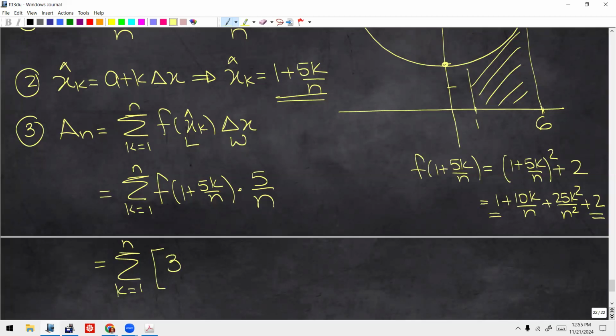So I'll get 3 plus 10k over n plus 25k squared over n squared times 5 over n. So all I did is add that 1 and the 2, and we plug that in. Are we good?